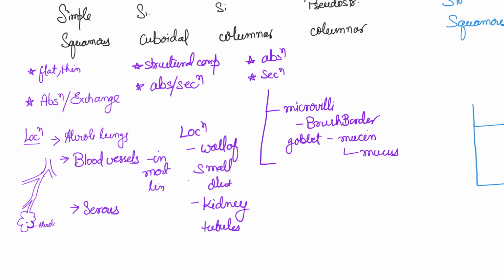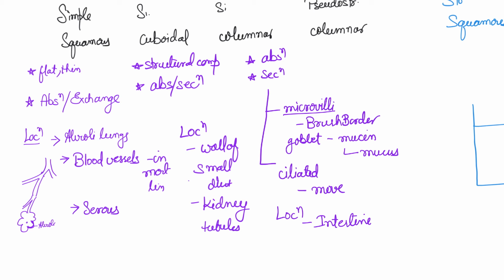Now besides having microvilli, some of them could have cilia, so they would be ciliated simple columnar epithelium. You can expect what they do, they will move substances, right? So now that you know the function, you can guess the location very easily. Microvilli, that means you'll find them all over the intestine.